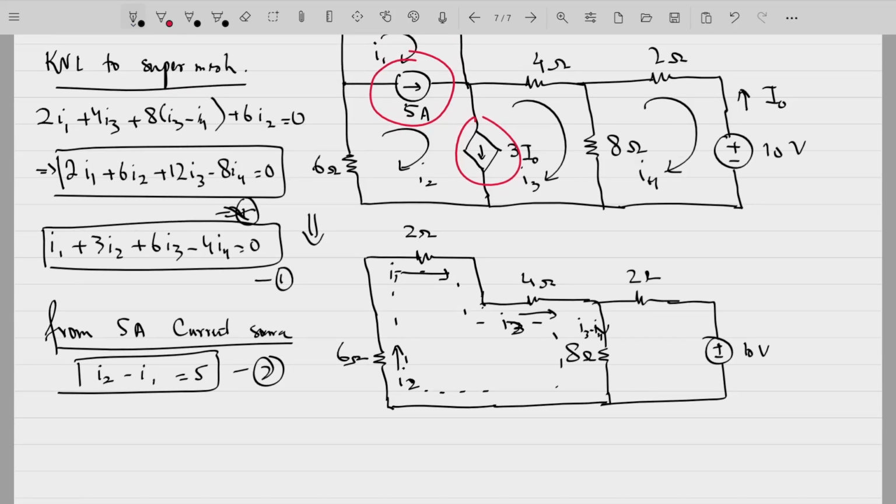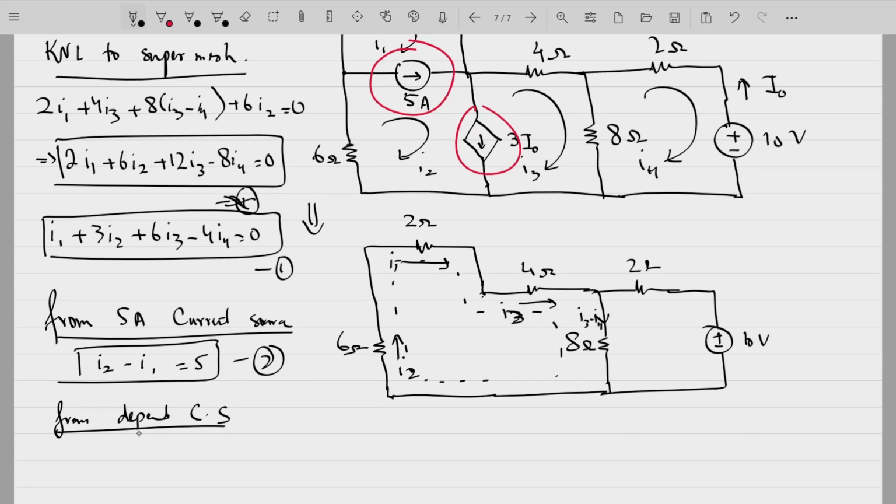And from the dependent current source, you have I2 minus I3 is equal to 3I naught, where I naught is what? I naught is actually equal to minus I4.